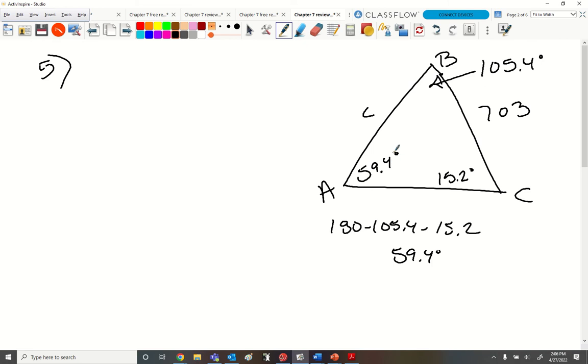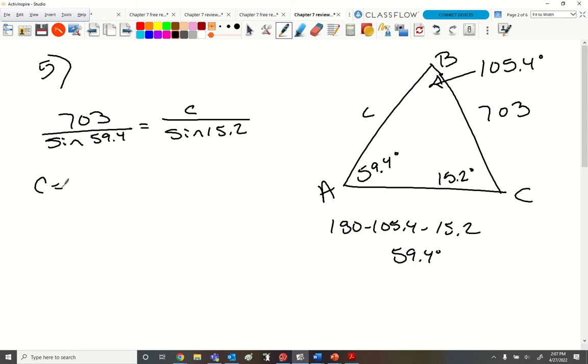And now I could set up my law of sines because I now have big and little a. 703 over sine of 59.4 is equal to, since it asked for line segment AB, which is the same as saying little c, over sine of 15.2.